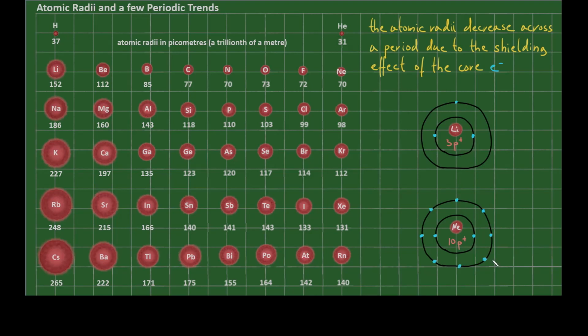Alright, so what are core electrons? Recall that the valence electrons are all the electrons in the outermost energy level. All of the other electrons are referred to as core electrons. So in case of lithium, we have 2 core electrons and 1 valence electron.